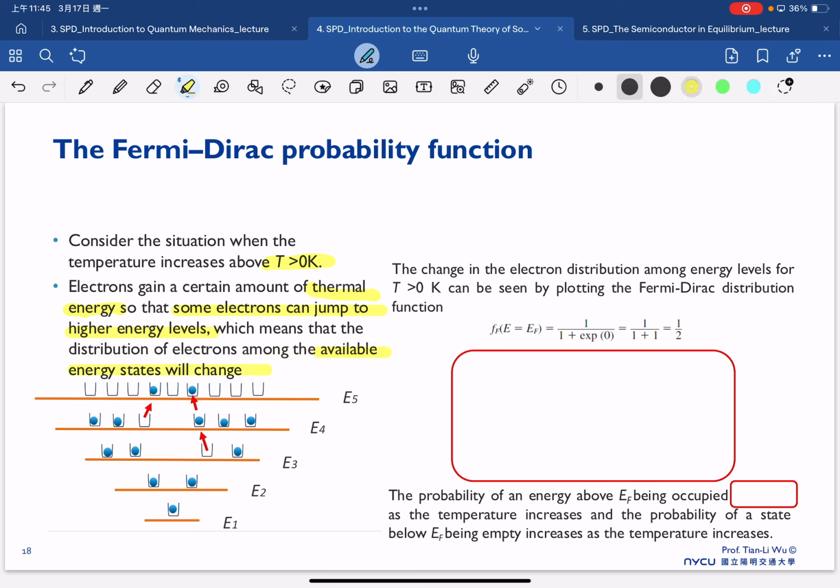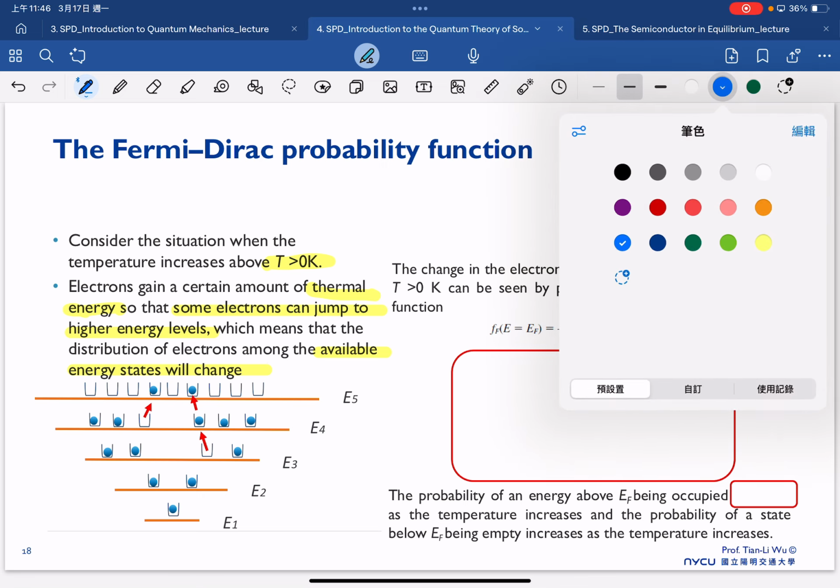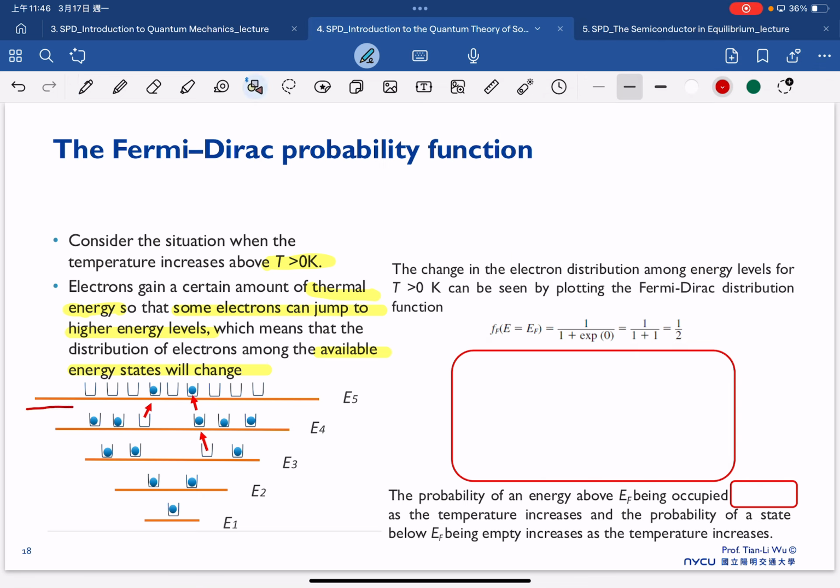So this is our E_F. Due to the thermal energy, electrons can jump because they gain some energy.